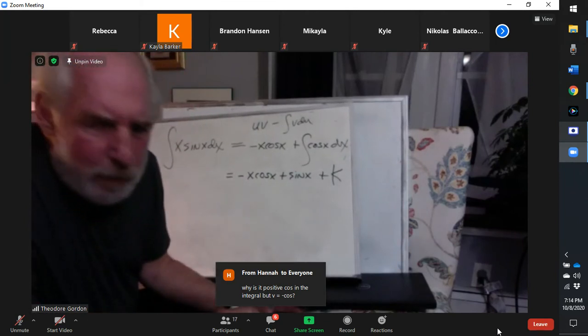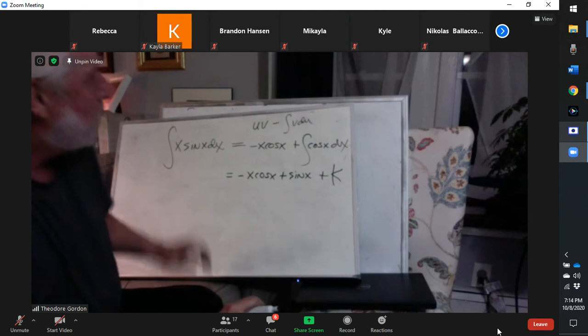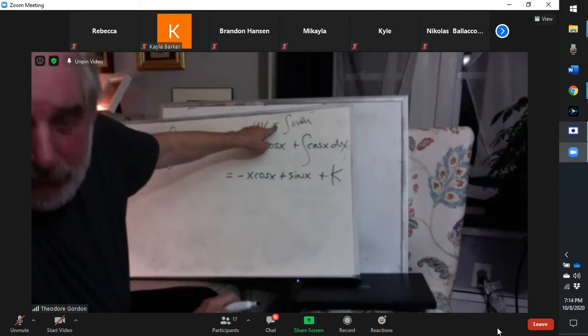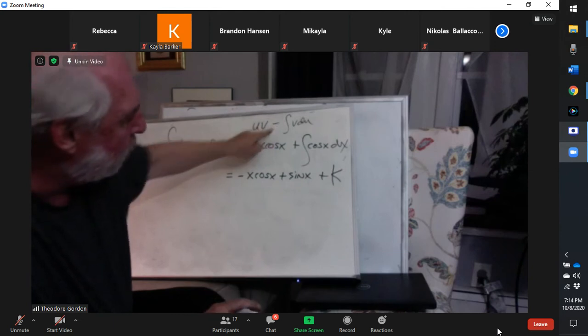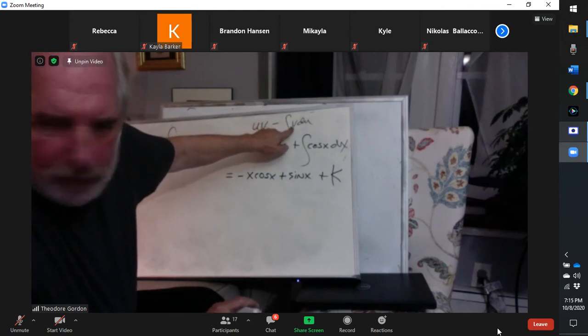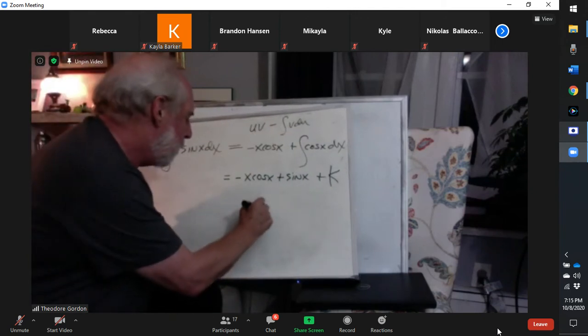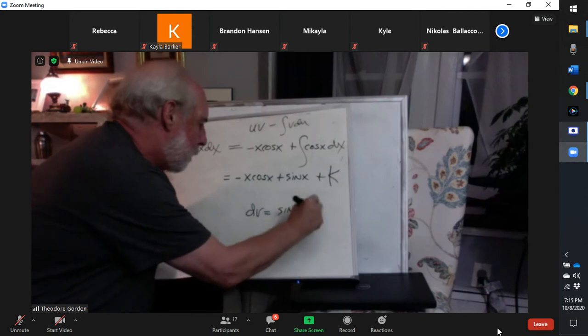Oh, in general in math, not always true. Why is it positive cosine in the integral? Oh, so Hannah, the formula has a negative sign in it. That's part of the formula. In this particular problem, our v came out to be negative. So we had dv was sine of x dx, right?